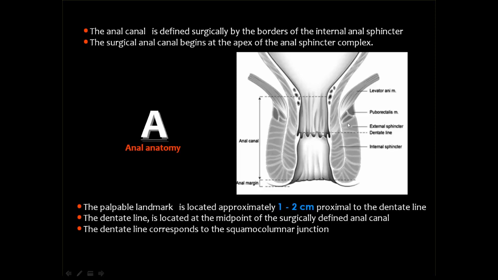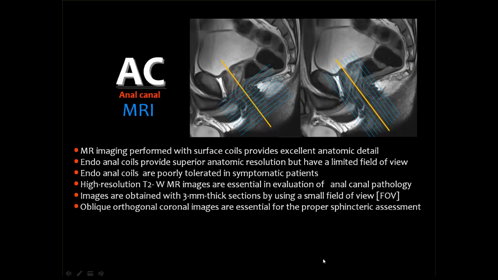The continuation of the external sphincter is the puborectalis muscle, and after that you can see a muscle which diverges to the lateral aspect away from the wall of the rectoanal junction, and this is the levator ani.